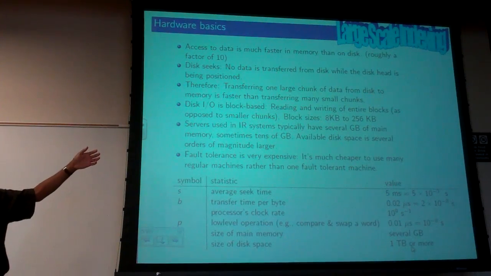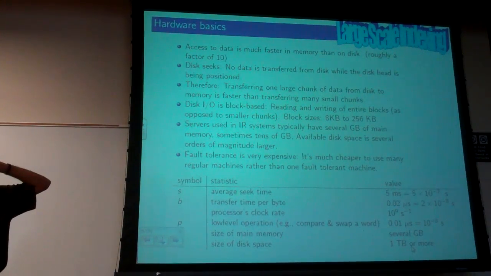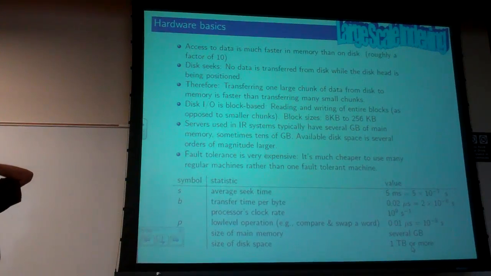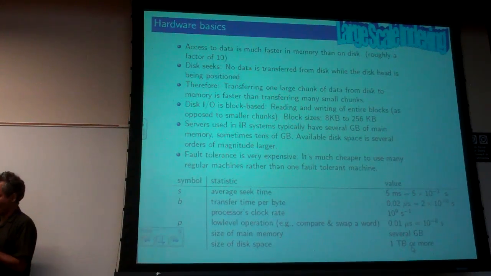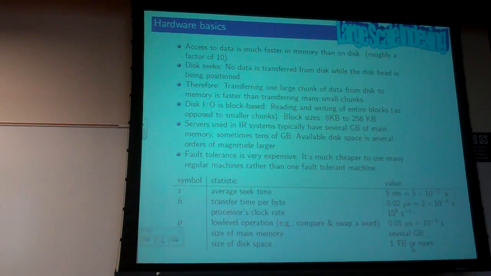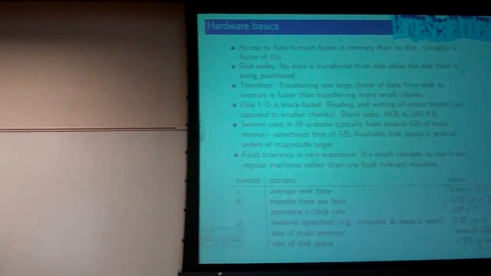And so processing that on a single CPU is not going to work. The other issue, of course, is fault tolerance. You want your search engine to be always available. There are a bunch of things that come together here.